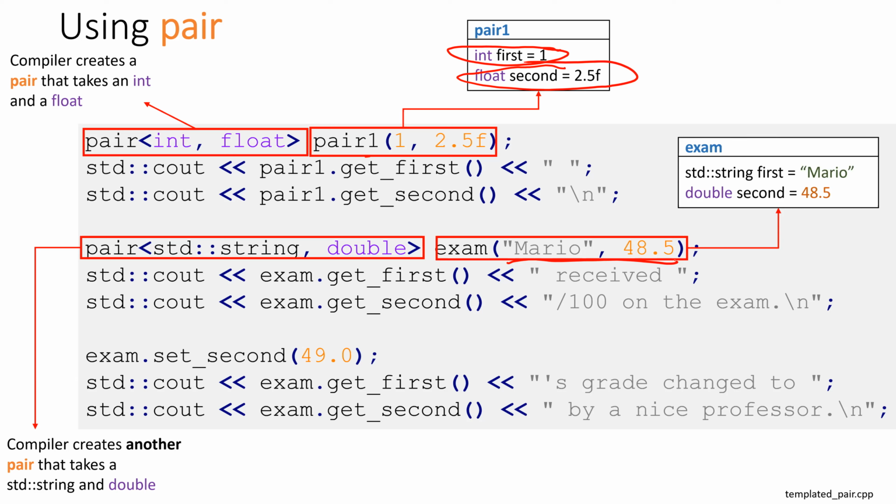So after I hit that line, I've got this other object called exam in memory. And you notice it actually is a bit bigger. The amount of storage it takes is different. It is made with the recipe pair, but it is actually a different type because it's got a string as its first data member and a double as its second data member. And I can call the member functions on it too.